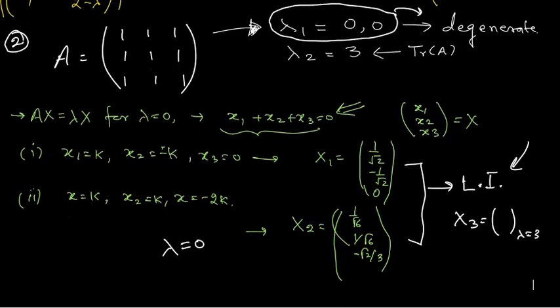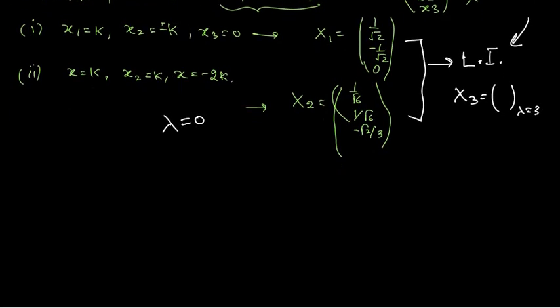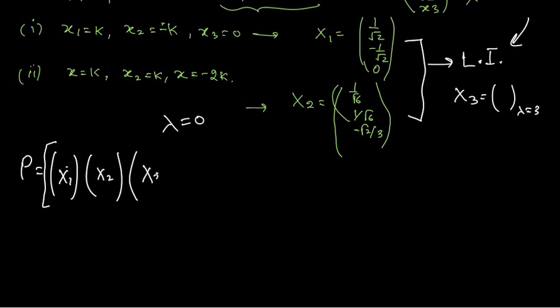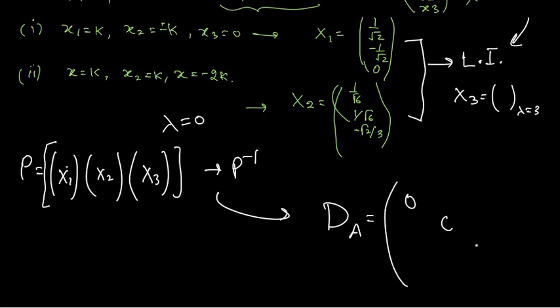Your matrix P will be the columns x1, x2, and x3. Then you have to find P inverse, and at last you will find the diagonal matrix D, that will be 0, 0, 3.